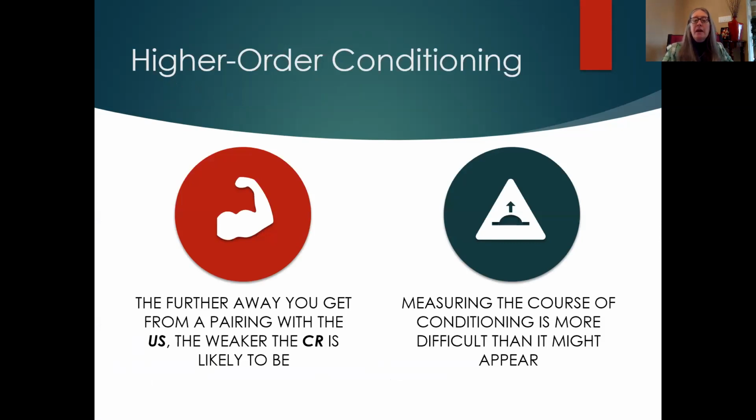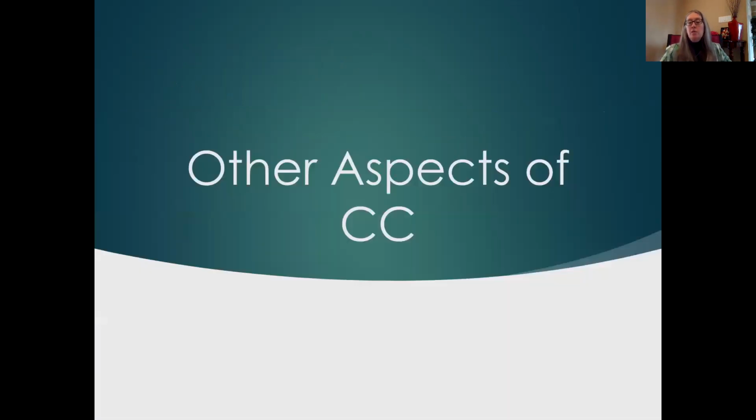So let's talk about how we go about measuring it. How do we measure Pavlovian learning? After we've paired the metronome with the food and the dog salivates, metronome, food, dog salivates, how are we going to measure whether learning took place? We don't want to just continually look at the salivation to the food.